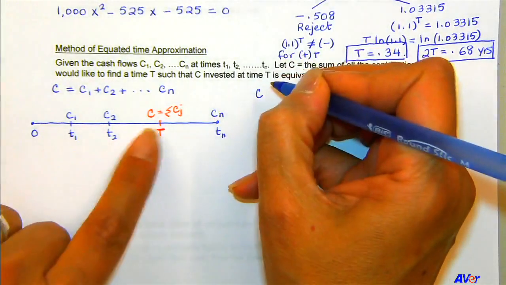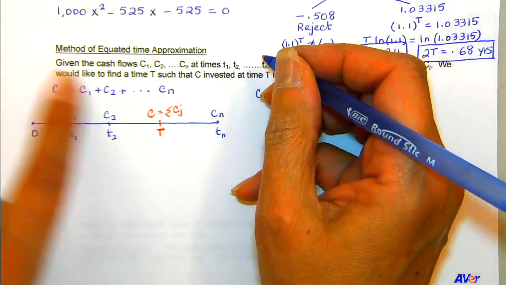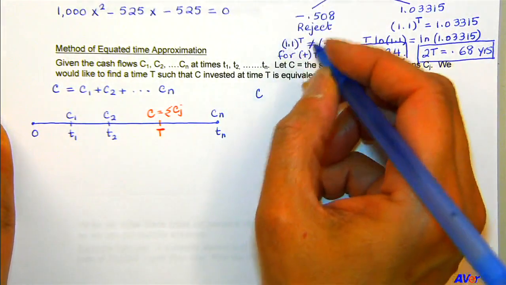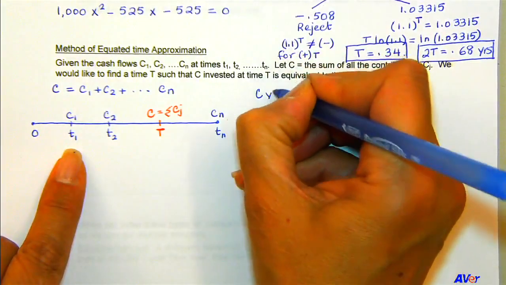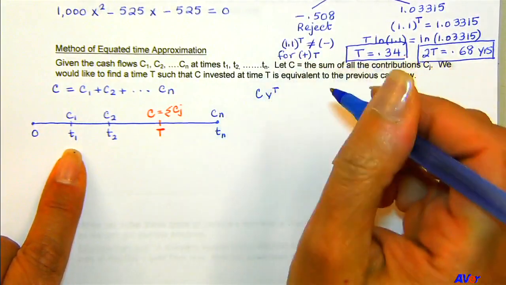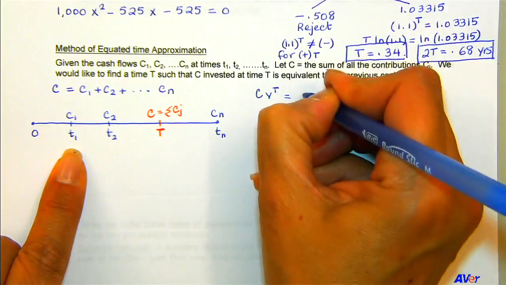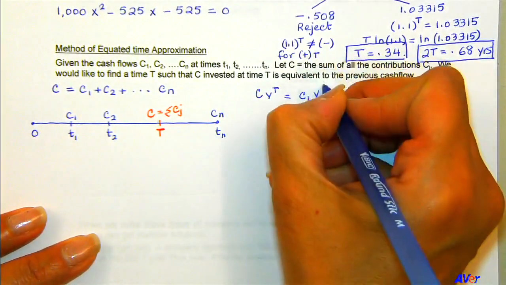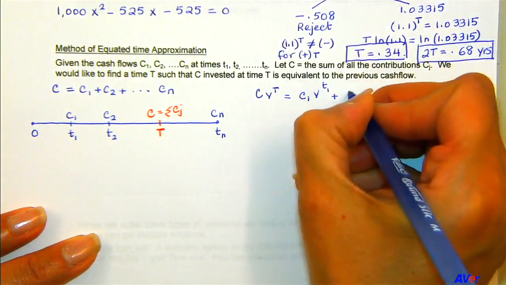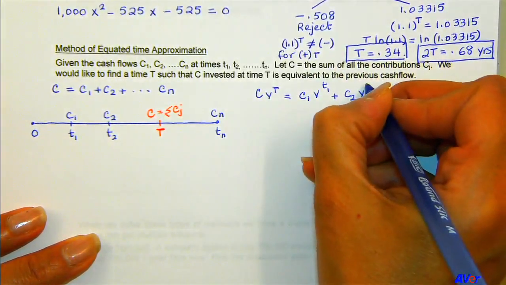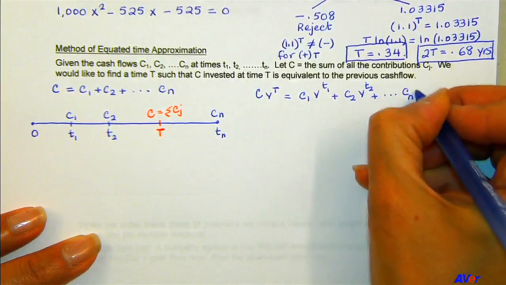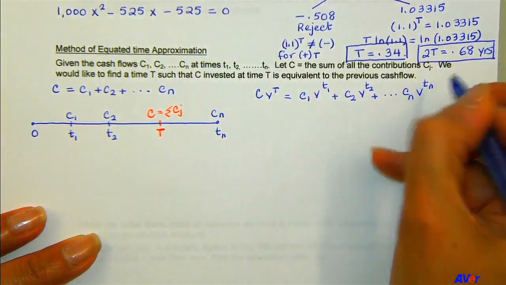C, this C right here, let's discount it. I want to write a time 0 equation of value. Discount C times V to the T equals C1 V to the T1 plus C2 V to the T2 plus dot dot dot Cn V to the Tn.